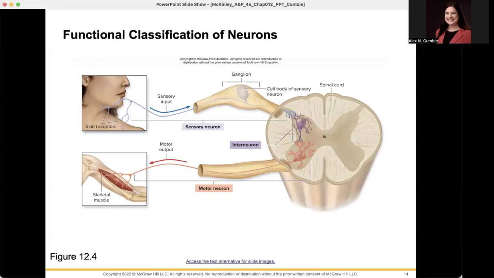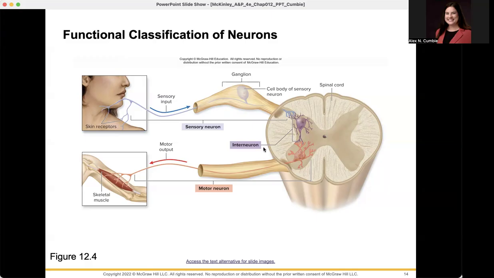Okay, so for our sensory neurons, we receive sensory inputs. Okay, this is part of our sensory neuron. If there's a bunch of them together, we call it a ganglia. This is the spinal cord. Sensory neuron is going to bring information to the CNS, which is the spinal cord. And then a lot of times what we see in the CNS is these interneurons, which connect sensory neuron to motor neuron.